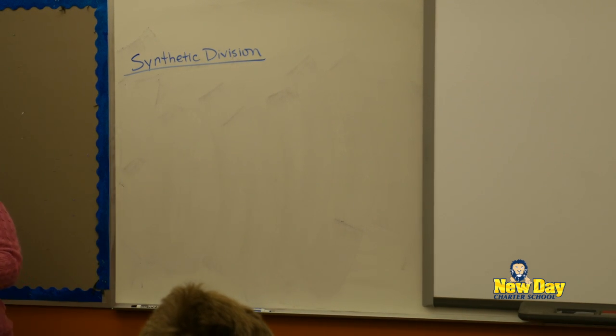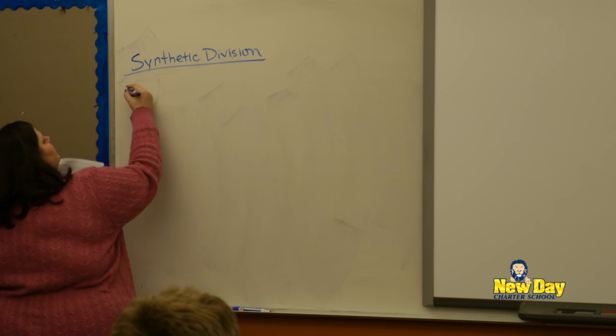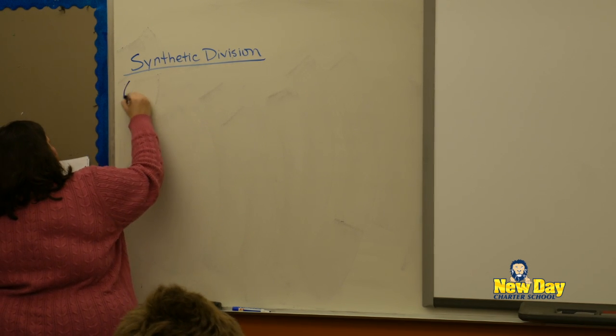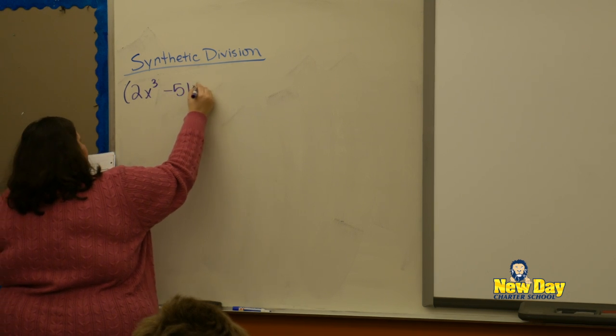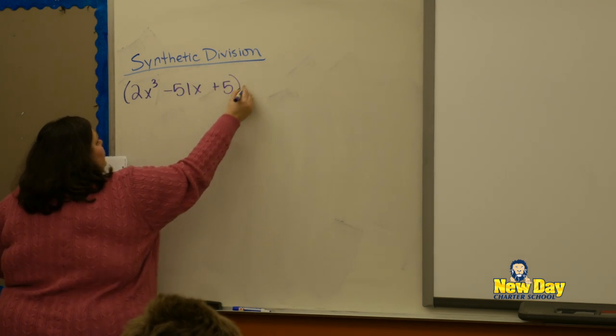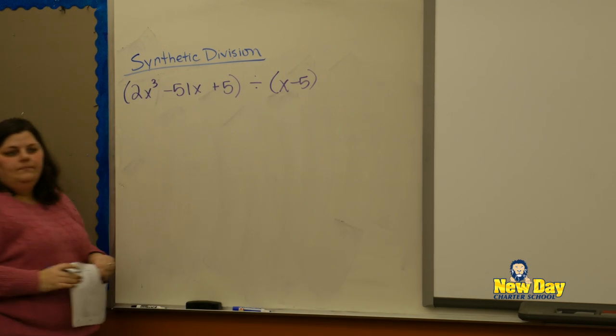Alright, so let's look at one where we have to put in a 0. So we're going to take 2x cubed minus 51x plus 5, and we're going to divide that by x minus 5.